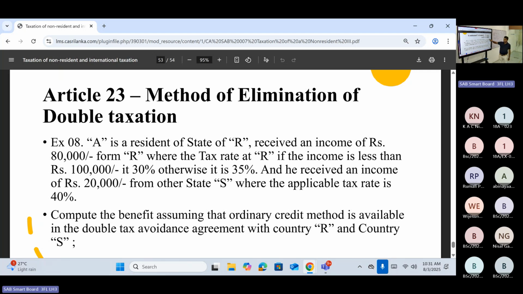Right? Clear? Right. This question we did. So that's basically the method we follow: the exemption method and the credit method. Under the exemption method, the source country income is not considered in the resident country. But under the full exemption method, we do not consider it even when determining the tax rate if there is a differential tax rate.